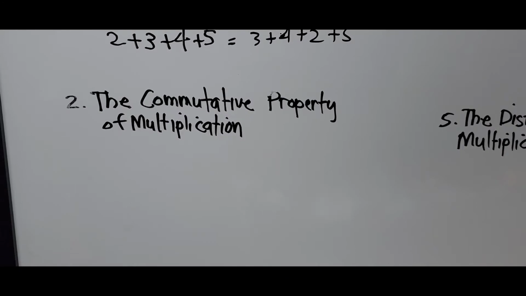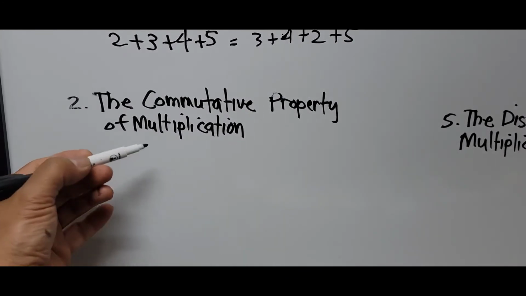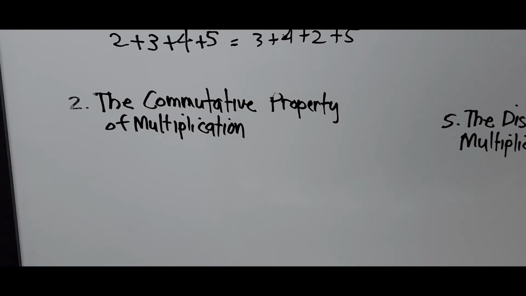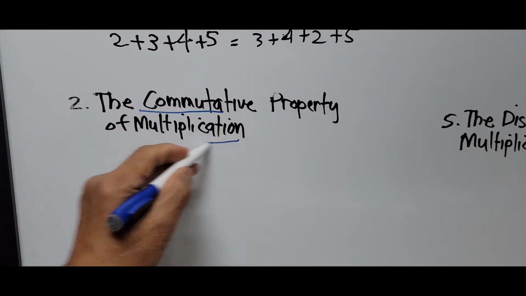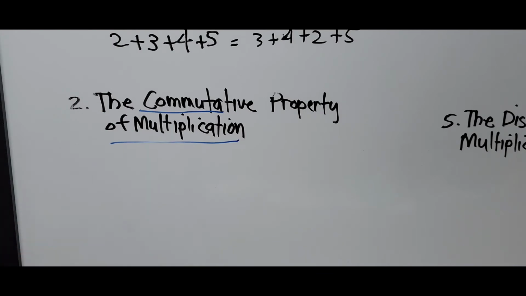Now let's go to property number 2, the commutative property of multiplication. Okay, the commutative property, this is the same thing again from the word commute. And now how is that applied in multiplication? So it is the placement of numbers or variables again. Since we're talking about numbers over here, let's give an example for that one.